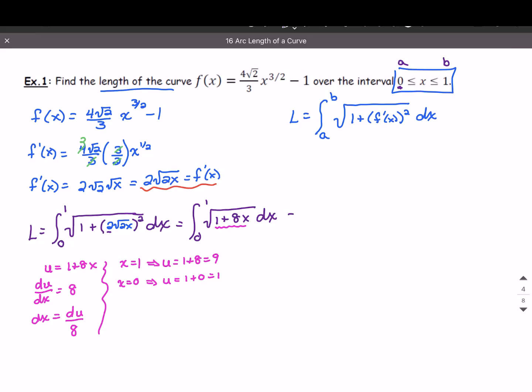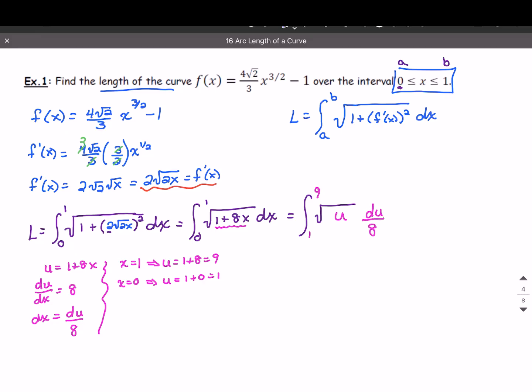So we're going to have our integral, but not from 0 to 1. We're going to have it from 1 to 9 of the square root of 1 plus 8x is our u, and our dx is du over 8.